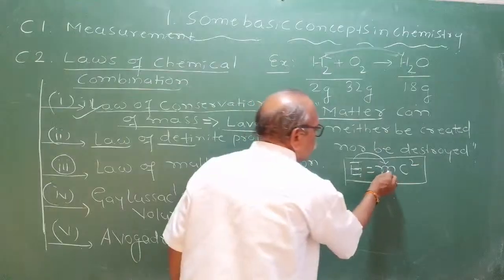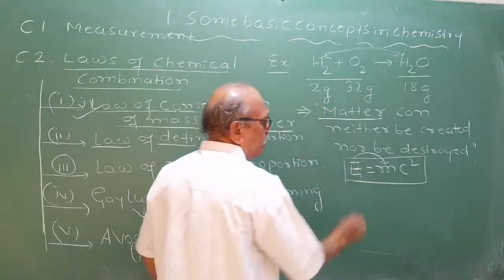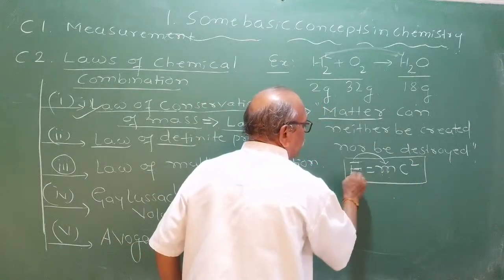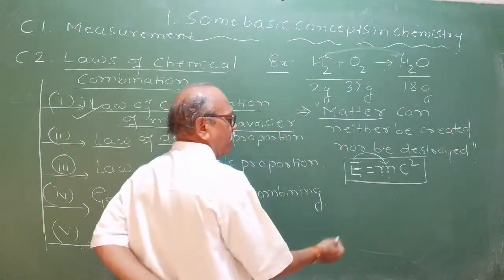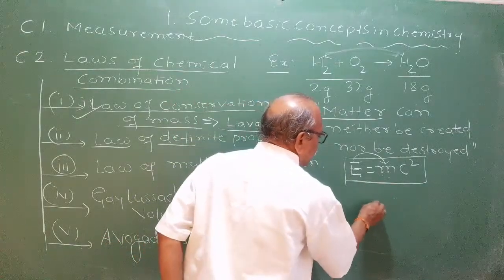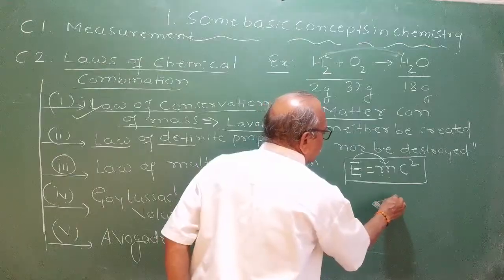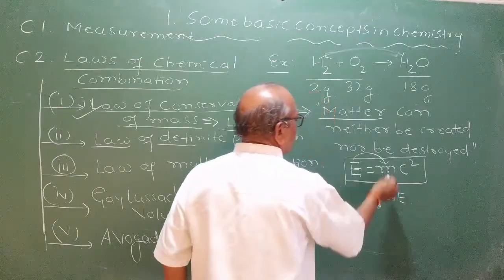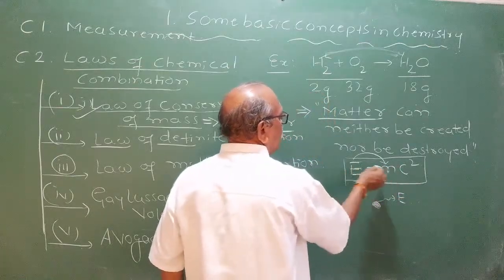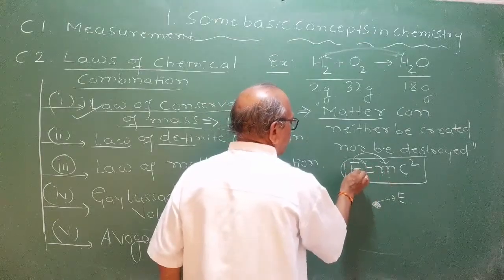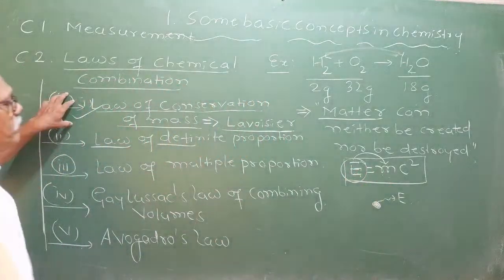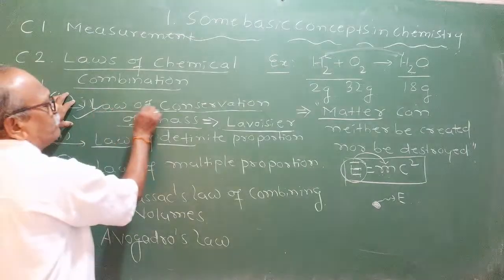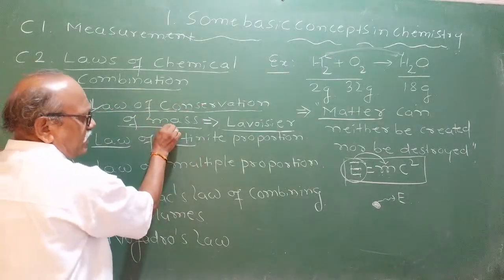Once E equals mc squared was established, energy and mass can be related. In a nuclear fission reaction, a part of the mass of the nucleus is emitted in the form of energy. Therefore, matter and energy are related. Therefore, the law of conservation of energy was restated by Lavoisier as the law of conservation of mass or matter.